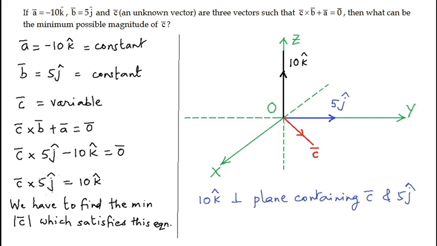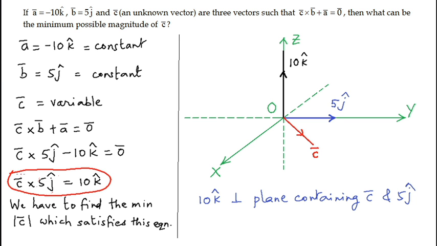So I have drawn a line segment of an arbitrary length. We will tackle the magnitude problem later on, but let us first check whether the direction of C bar is correct. Remember, C bar's direction must satisfy the equation C bar cross 5j cap is equal to 10k cap.